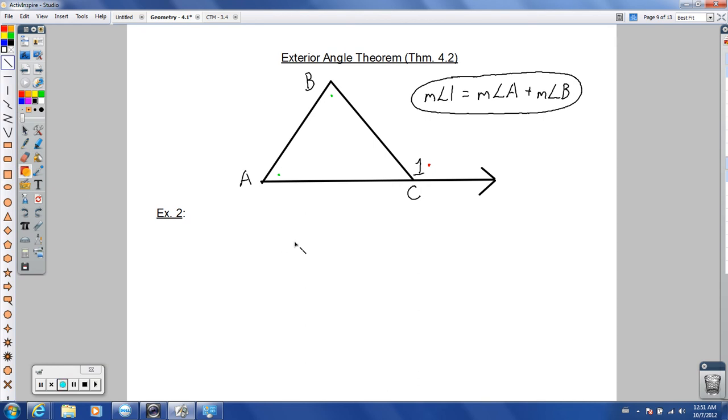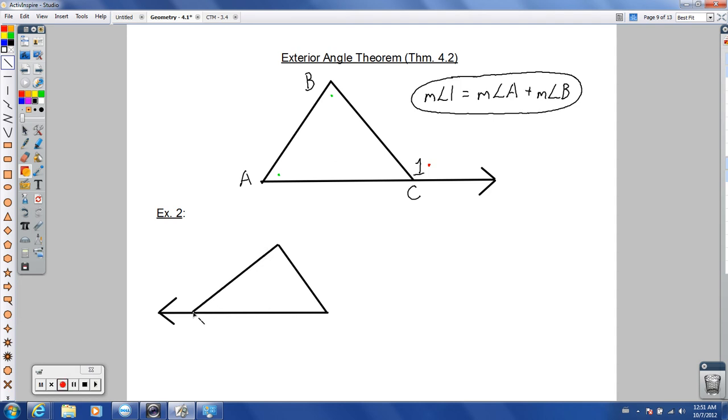So let's draw another triangle, something like this. I'll have my exterior angle go out this way this time. That's totally fine, no big deal. I'm going to try to draw this angle so it looks a little bigger.